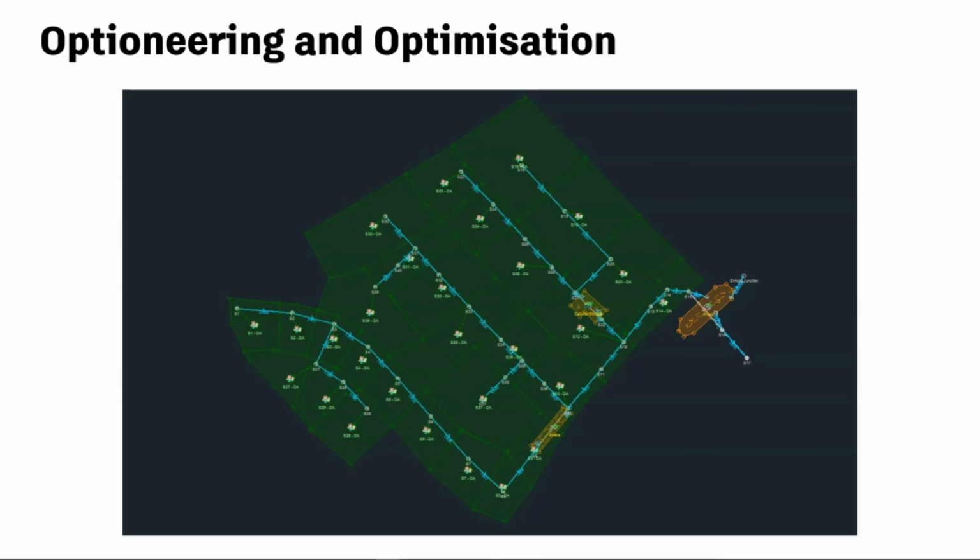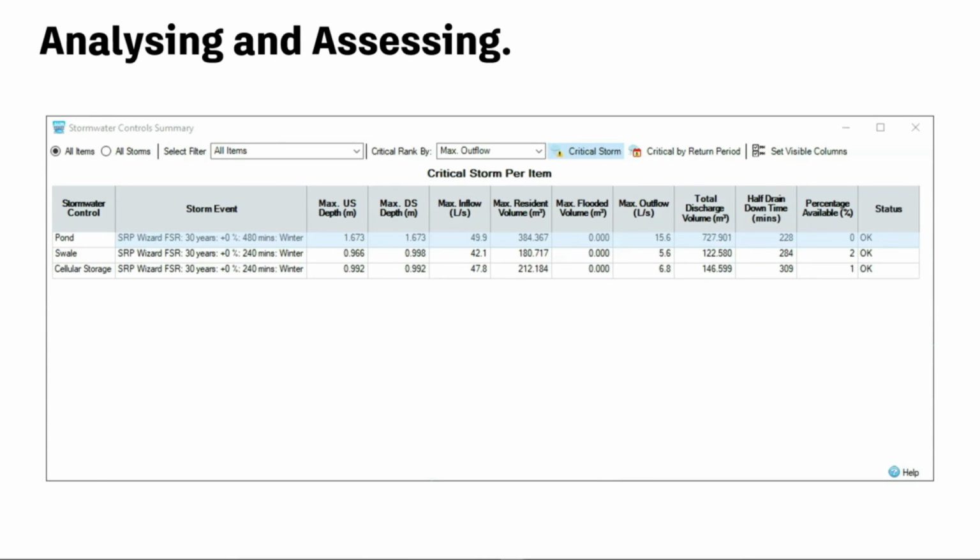At this point, we may look at potential structure locations to then input these storage features along with any flow control devices on top of defined outfall conditions. This is where designers may audition various iterations of their design with contrasting drainage strategies. Then finally, after the majority of the system has been put in place, we then test everything by applying a wide range of storms and return periods to see how it fares against the most critical of storms.